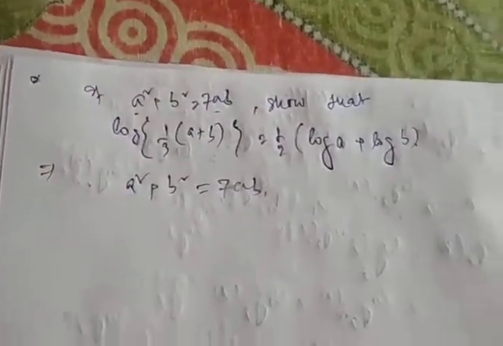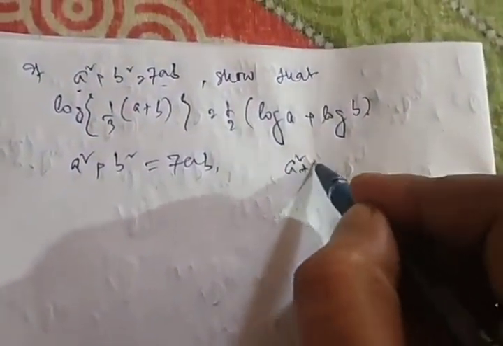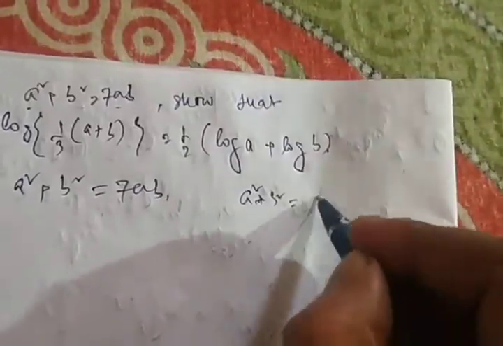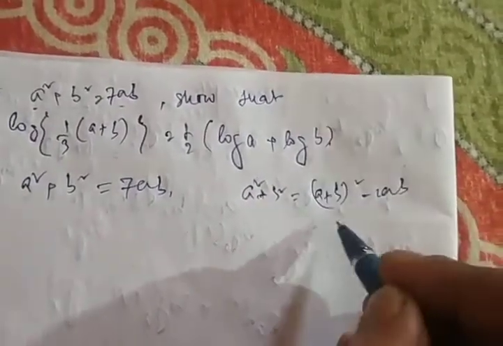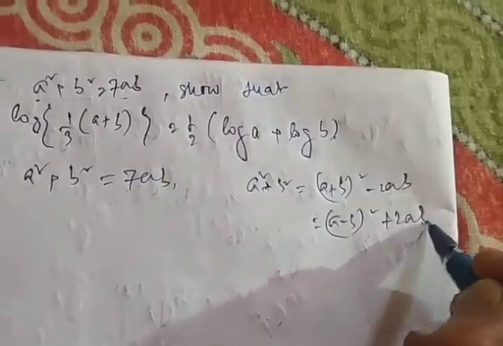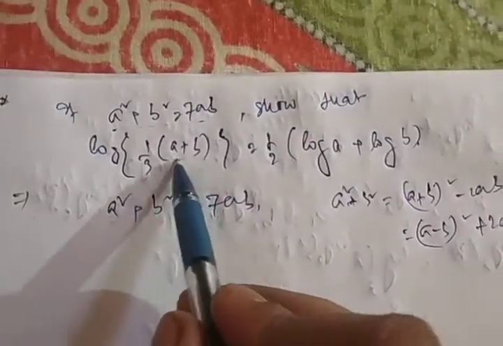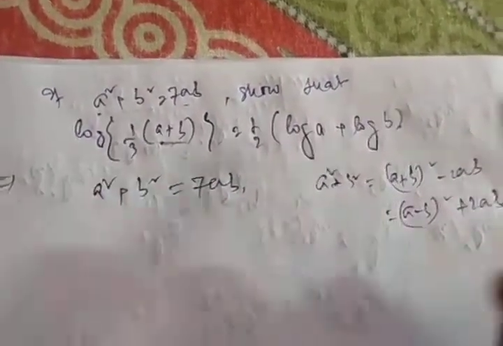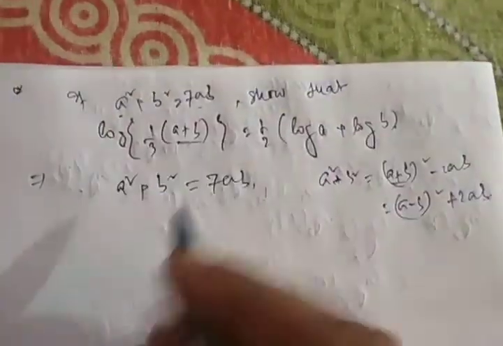Given a square plus b square equals 7ab. Now we know a square plus b square has two formulas. One formula is a plus b whole square minus 2ab, and another is a minus b whole square plus 2ab. Now the proof involves a plus b, so we take the formula a plus b.